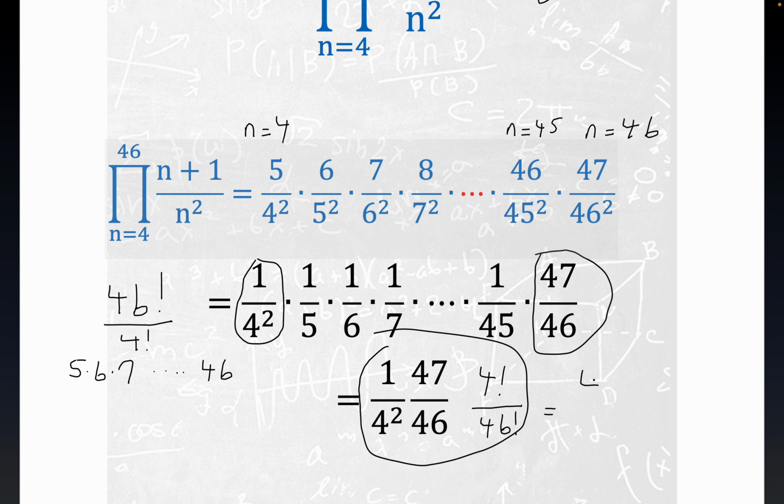So you would have, if you want to clean it up just slightly, 47 over 736 times the quotient 4 factorial over 46 factorial. Oh wait, did I get that? Yeah, that's right. Okay, 4 factorial over 46 factorial.